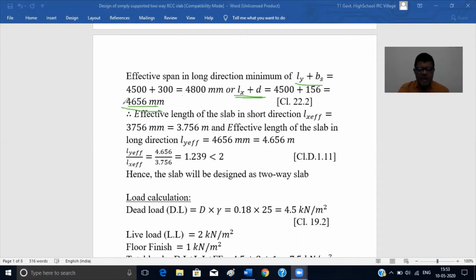So now 4656 is the effective length in y direction, and 3756 is the effective length in x direction. So now Ly by Lx effective length comes out to be less than 2.